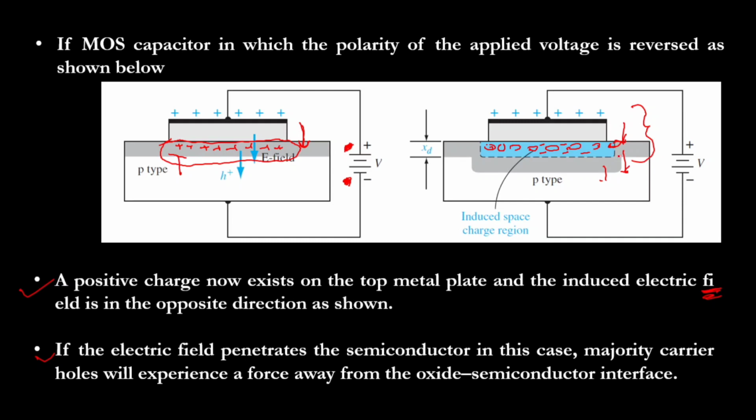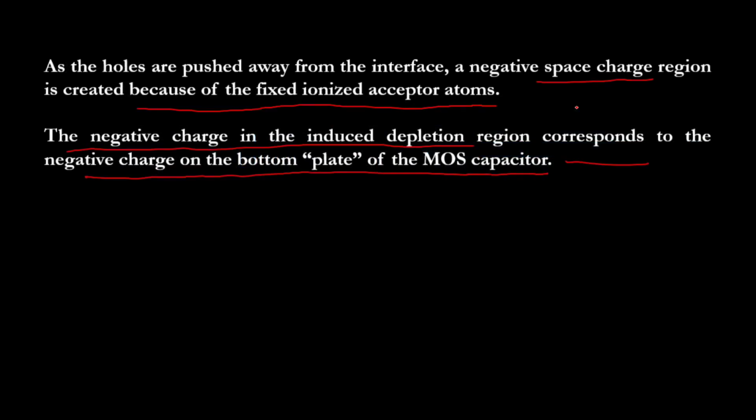We cannot neglect the capacitance. In both cases we get a MOS capacitor. That is about the two terminal MOS structure, and the two terminal MOS structure is nothing but a MOS capacitor. Thank you guys.